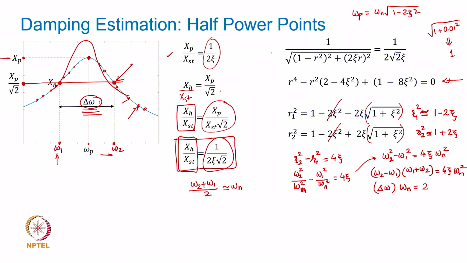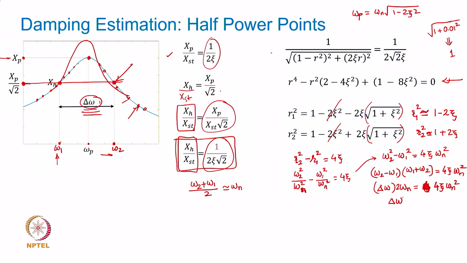So, omega 1 plus omega 2 is like 2 omega n, equal to 4 zeta omega n square. Now, what do I have?